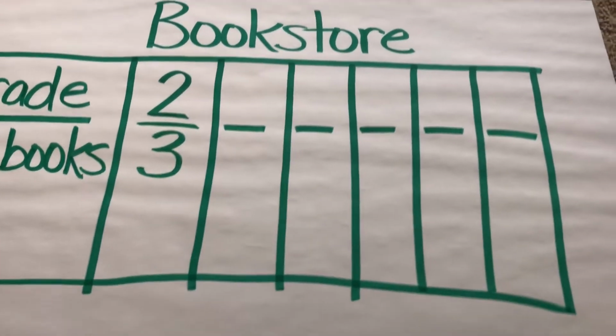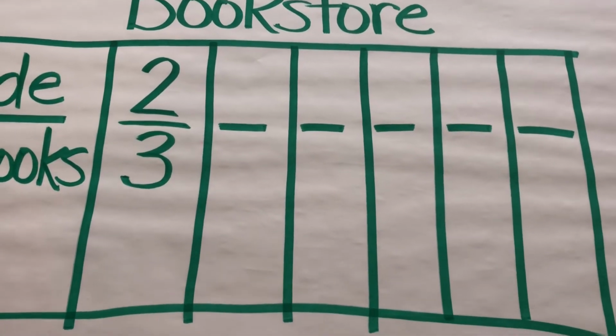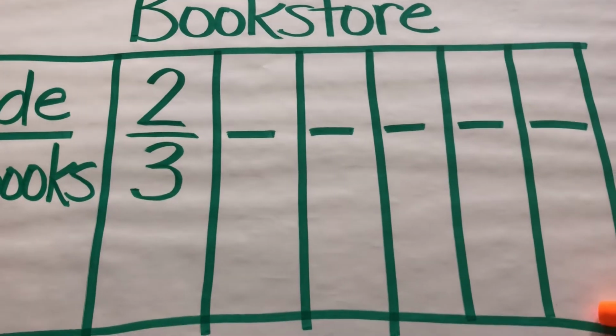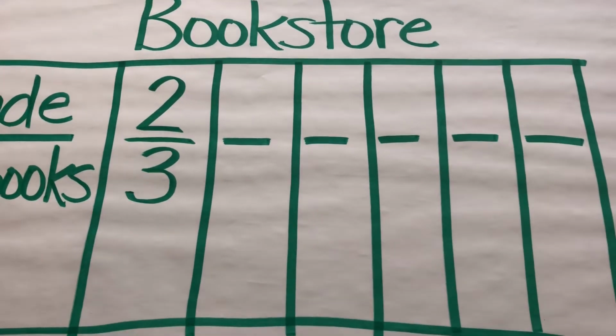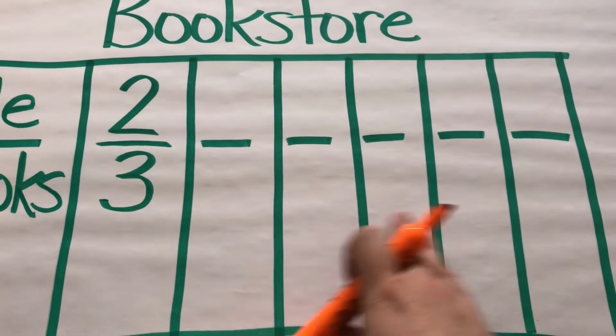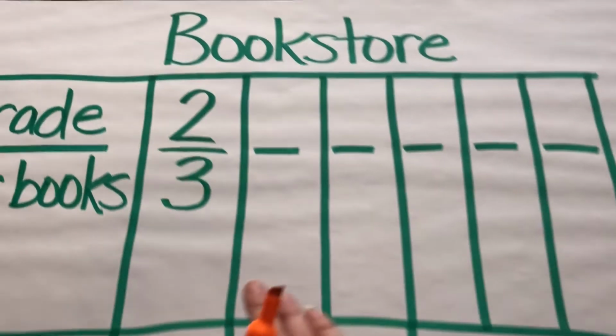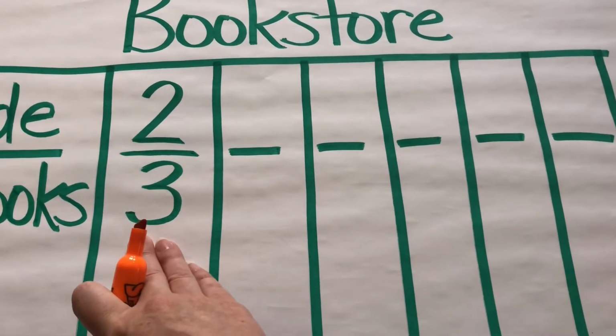So what we're going to do, remember we did with common denominators, we talked a lot about multiples of the denominators. We're going to use some multiples of 3 as our denominator here until we get down to 18, because that's how many books she's going to bring into the store. So 3 times 1 is 3.